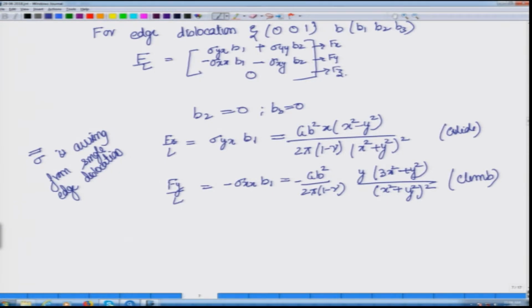Now, at this point it would look like how did we arrive at this relation, but this F by L equal to this, I would very much like that you do it on your own.